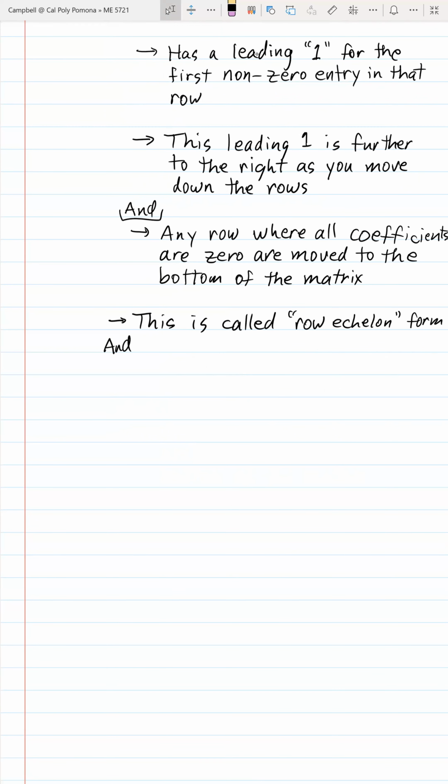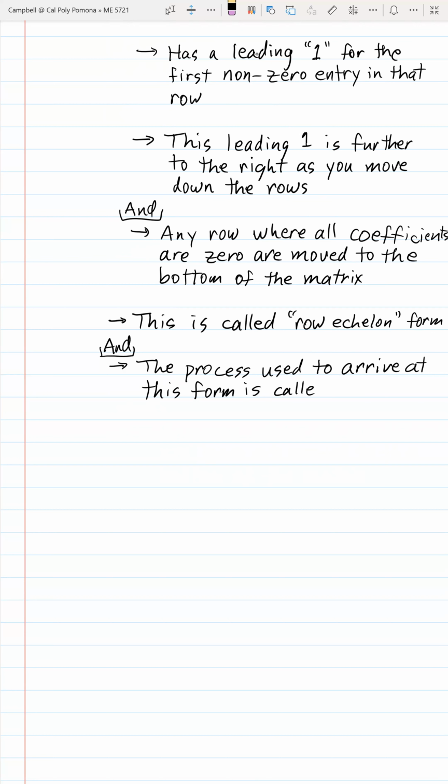And to introduce another term, so you may have been exposed to row echelon form already, the process used to arrive at this form is called Gaussian elimination.